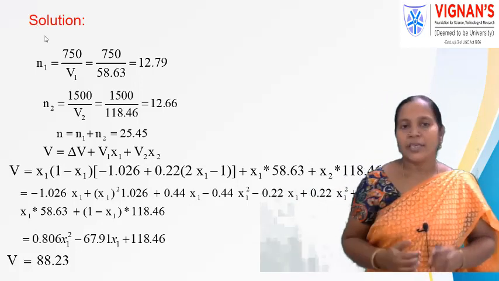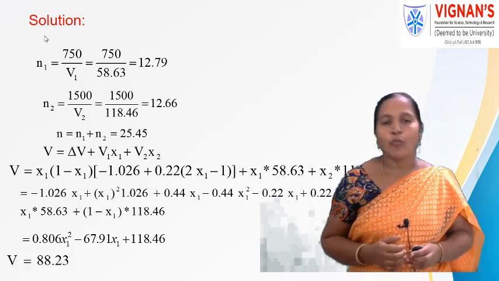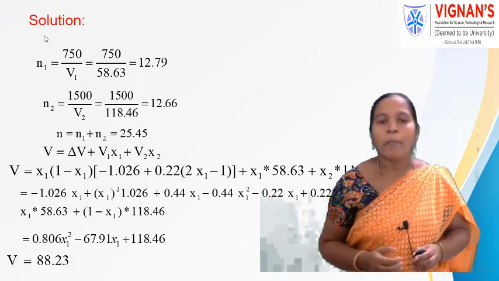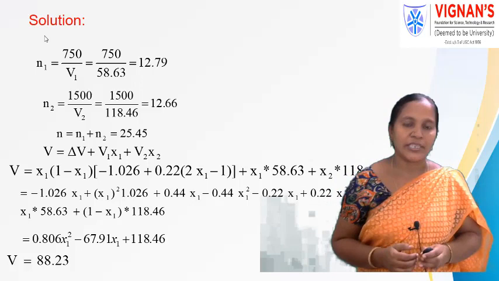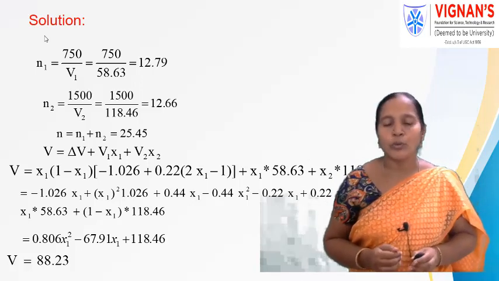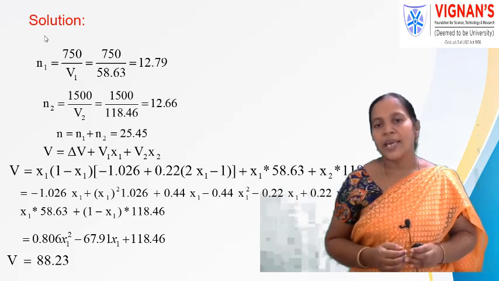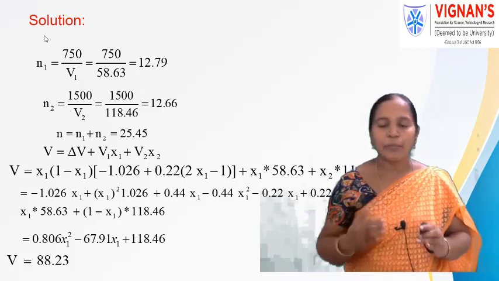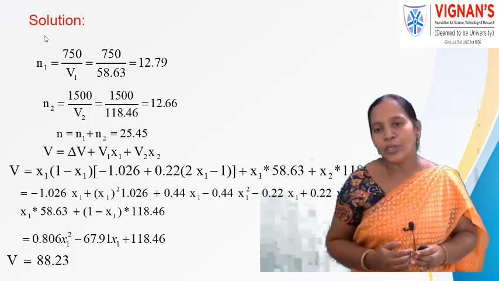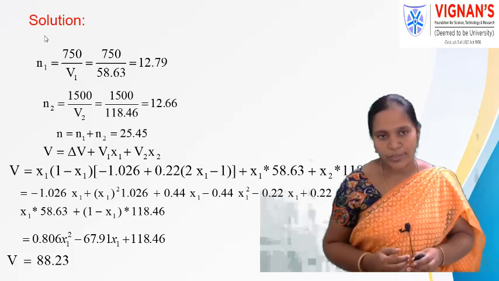We know the expression for V is equal to delta V plus V1 x1 plus V2 x2. Therefore, V = x1 (1 - x1) (-1.026 + 0.22 (2 x1 - 1)) + x1 (58.63) + x2 (118.46).